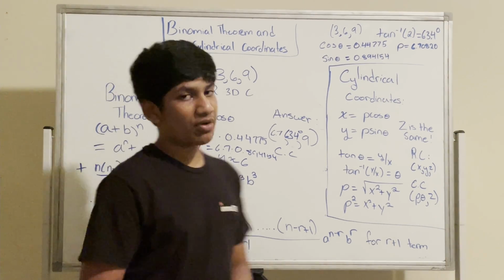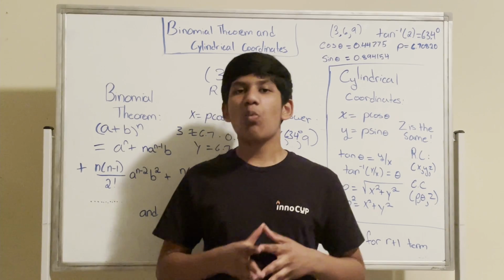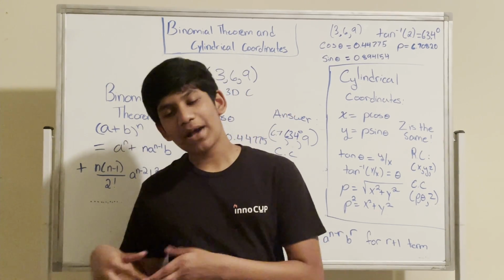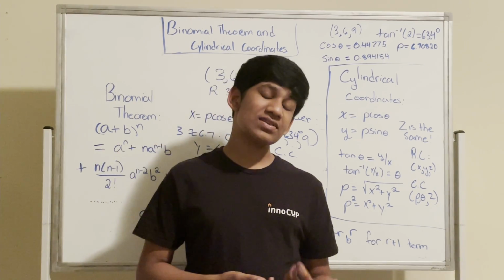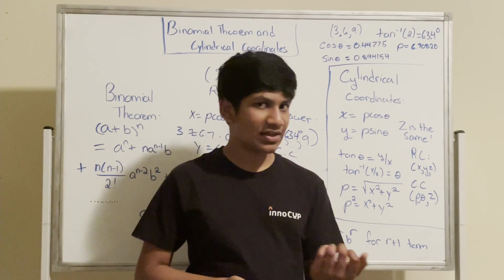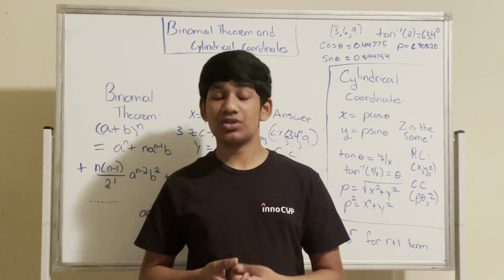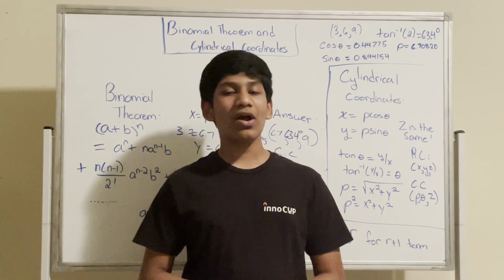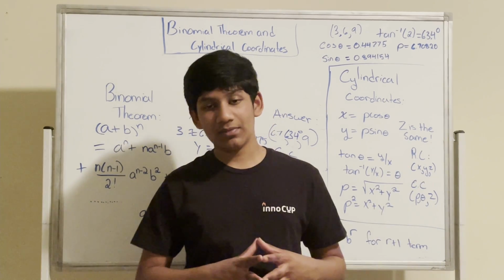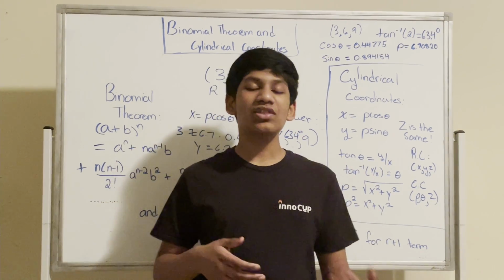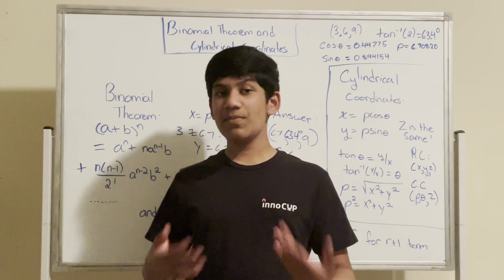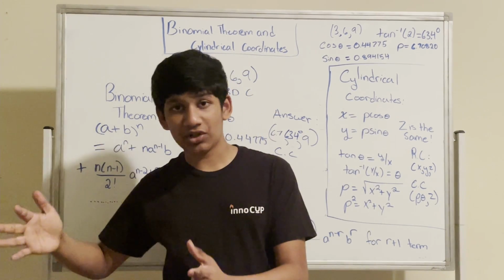Now, you might be wondering, why in the first place do we have the binomial theorem, a purely algebraic theorem, and cylindrical coordinates, which, by the way, is taught in pre-calculus or at maximum a trigonometry class? Why are these two subjects being correlated? Well, notice I didn't talk about the geometrical perspective right now. The binomial theorem is something that should be taught in algebra, and it's purely algebraic.